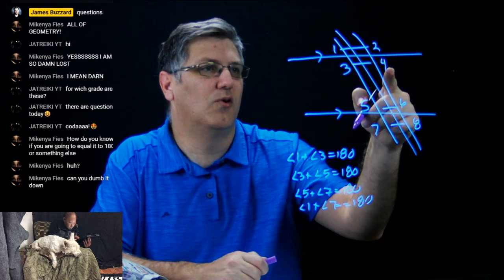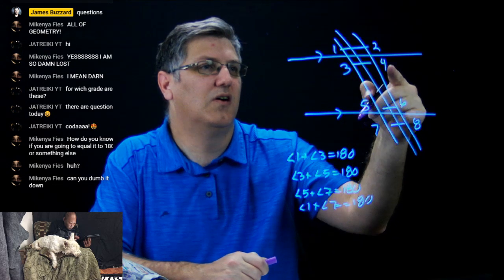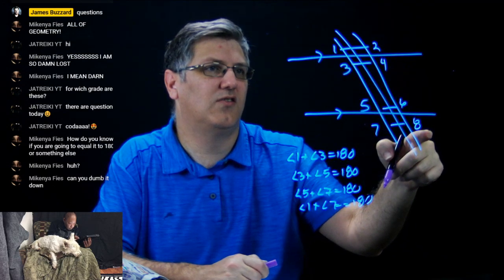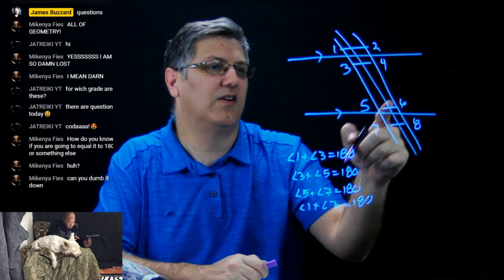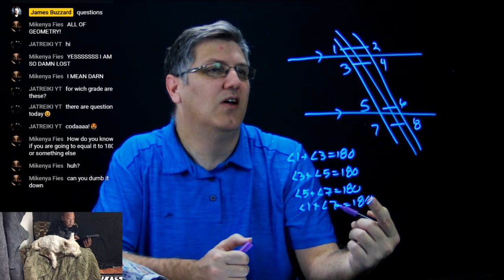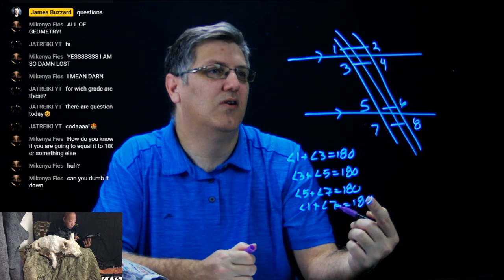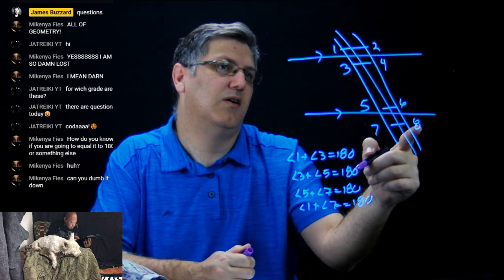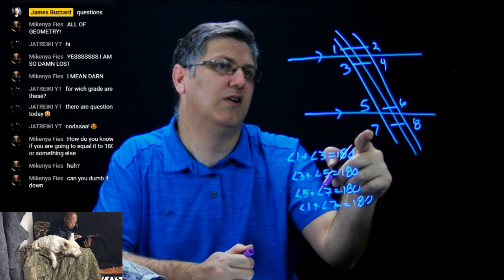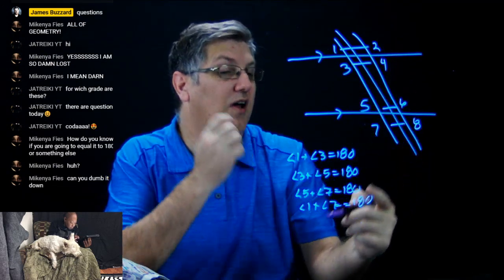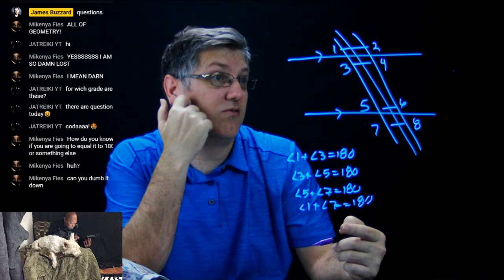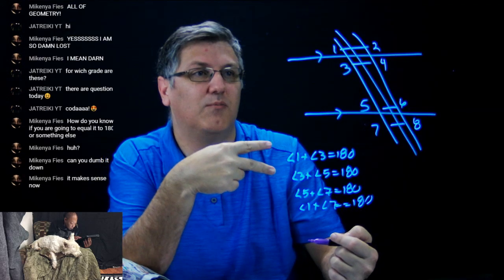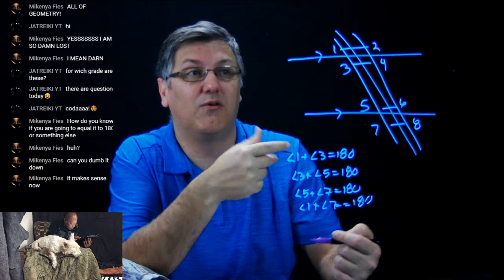And then same thing here: 2, 4, 6, 8, 4, 6, and 2, 8. And then 1, 2, 3, 4, 5, 6, 7, 8, they all equal 180. And then from there, 1 and 7, which I had, 2 and 8, which I had. That might be the best way to do it: just draw straight lines and use the rule. As long as they don't skip 1, they equal 180. If they skip more than 1, or if they don't skip, they equal 180.